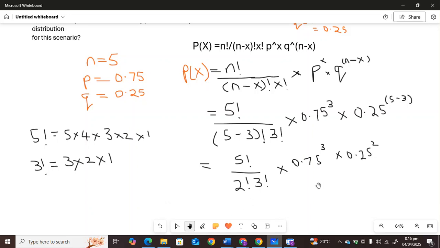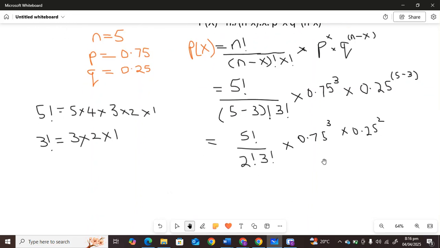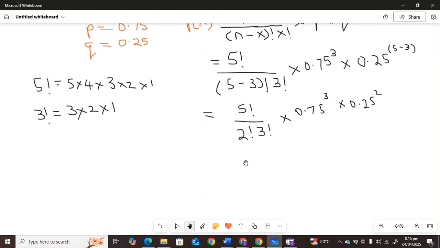Okay, so now we solve each part individually, right? So 5 factorial, instead of doing all these multiplications, here's a shortcut that you can do. You also want to get rid of this 3 factorial at the denominator.